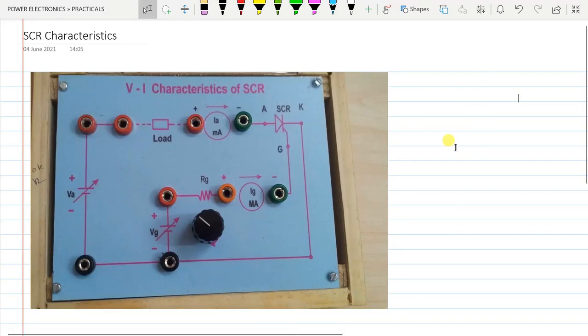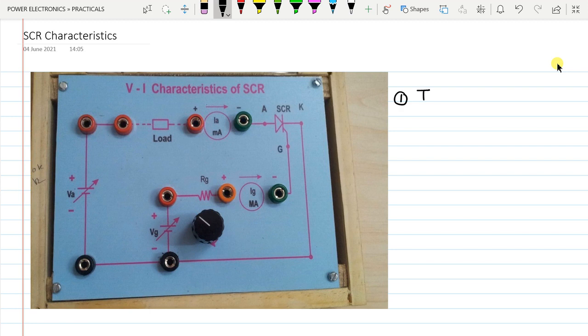Good afternoon. Now we will brief how to measure the different SCR characteristics on the lab kit. The parameters which are to be measured or found out using this kit are as follows. First is the gate threshold current IGT. Second is the latching current IL.